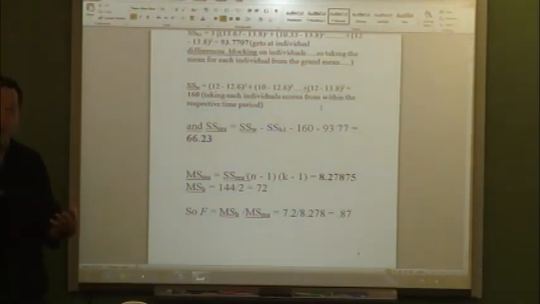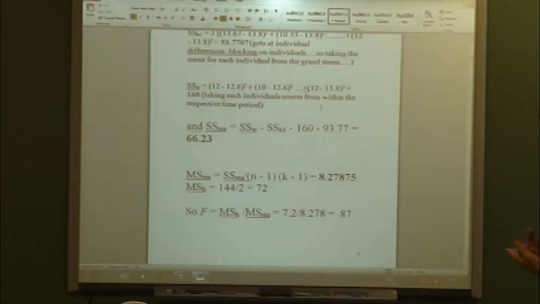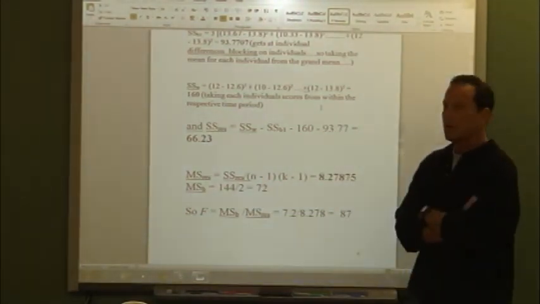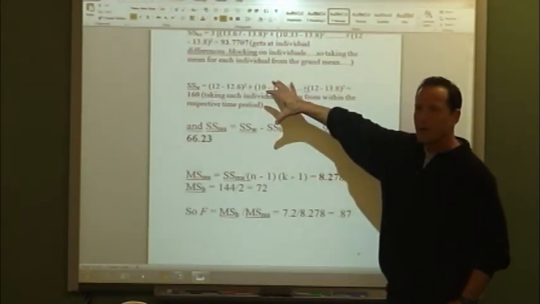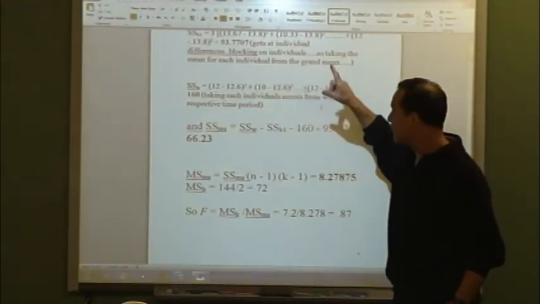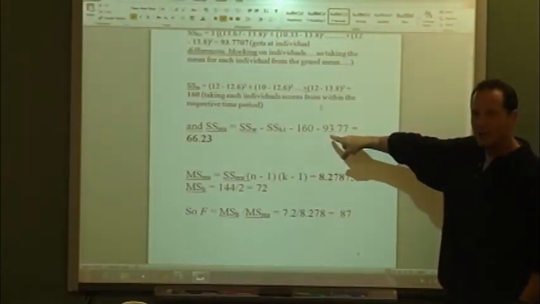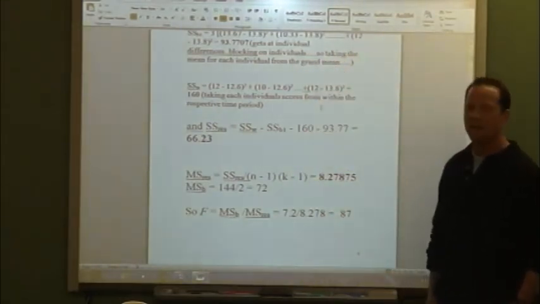So now you've gone ahead and you've got these basic sum of squares. Thank you, Justin. And now you're ready to calculate sum of squares residual. So you have the sum of squares within, which would be what you would get from a one-way ANOVA. You'd be stuck. But look what you get to do, everybody. You get to subtract the variability you got blocking on individuals.